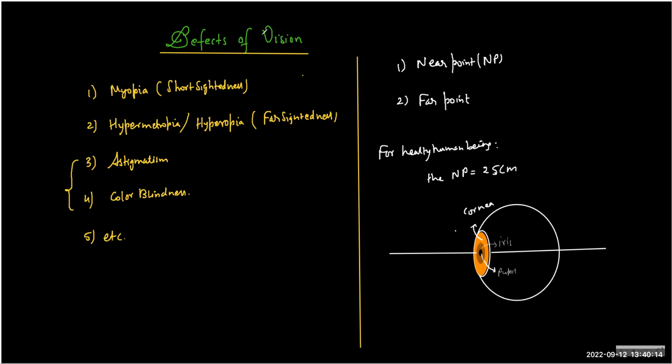And we have the human lens inside. And this lens is attached to the ciliary muscles.